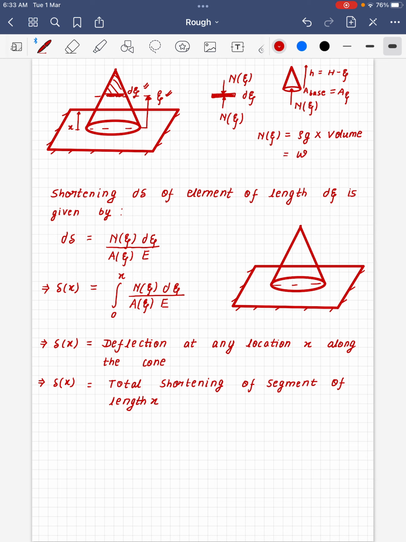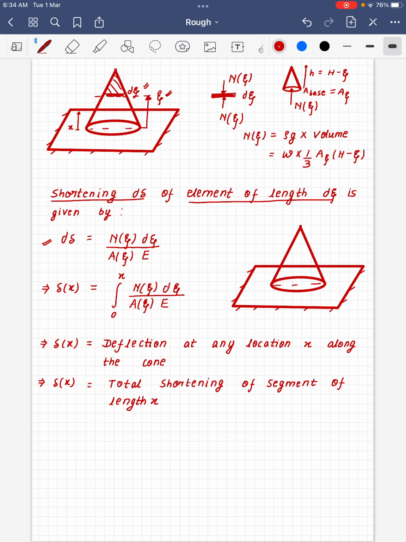Rho g can be written as W, and the volume will be 1 by 3 area of base into height. So the shortening d delta of an element of length d zeta is given by d delta equal to N of zeta d zeta upon A of zeta E.